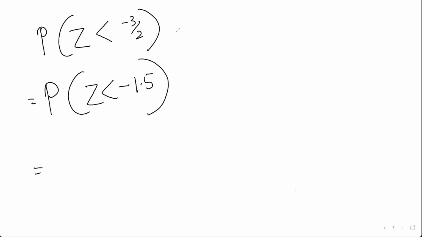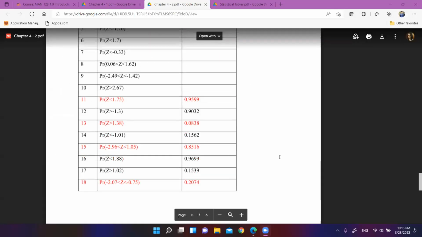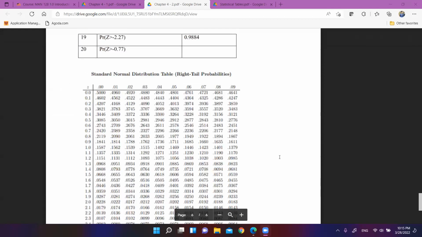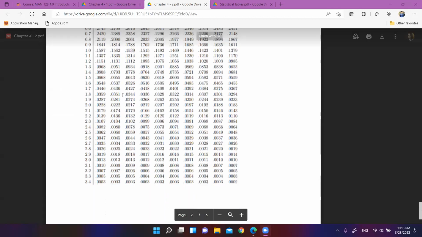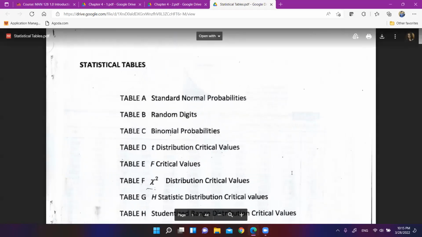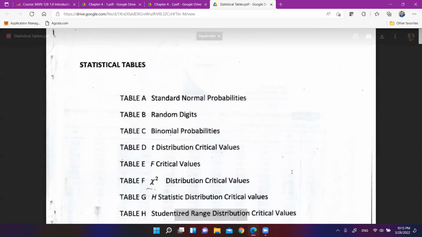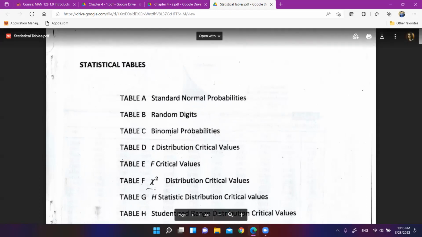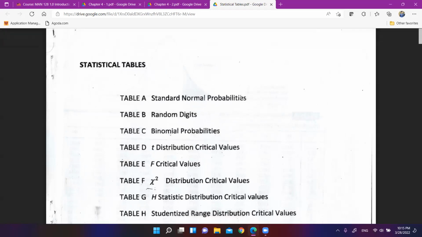So I'll teach you how to read the table. I have given a separate table book. I'll show you how to read both, the same way, right? In this world they have designed many different tables for normal distribution, normal probabilities.